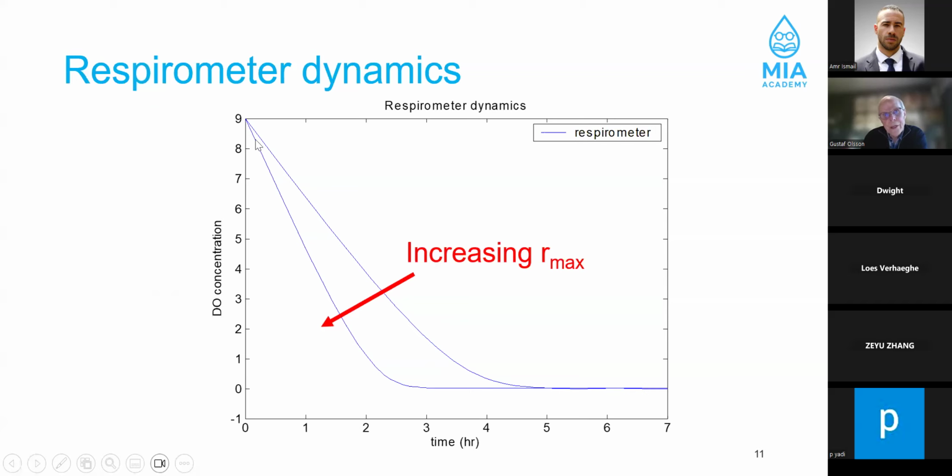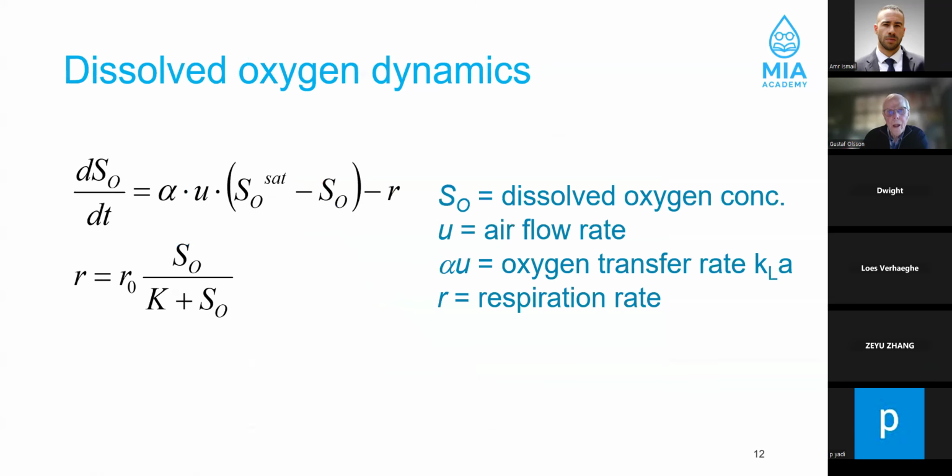If the respiration rate is higher, then of course the DO will go down faster. And the slope of this first curve gives us a measure of the oxygen uptake rate. In other words, of the relationship between substrate and organisms and the biodegradable substrate.